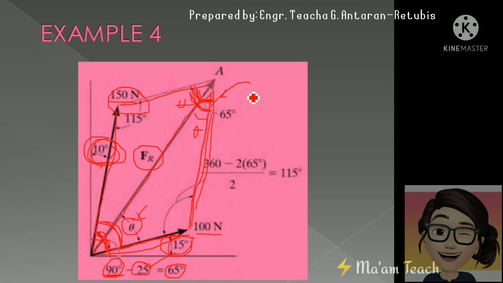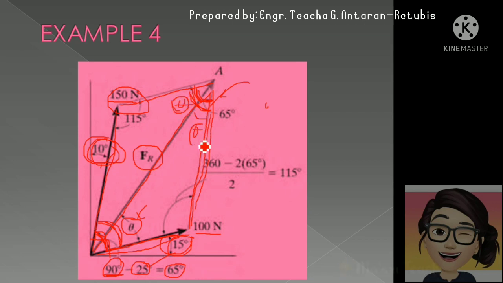What I meant is it doesn't tell us that we should divide 65 degrees by 2. Hindi ganun yun, class. Hindi ibig sabihin na etong linya na to is nasa gitna, ibig sabihin nun yung angle dito is the same din dito. Hindi. But all we know is the total here is 65 degrees.